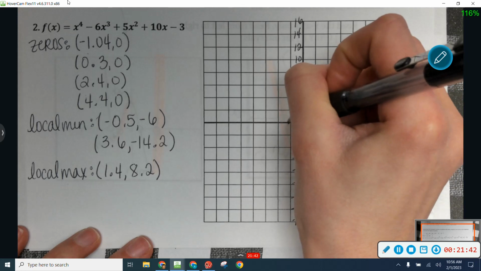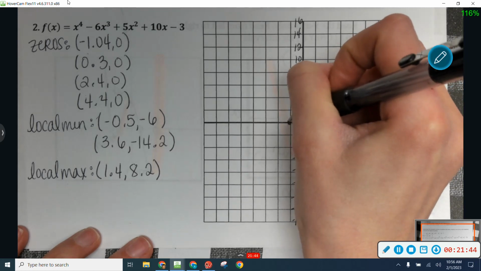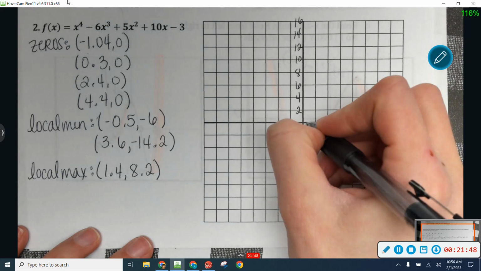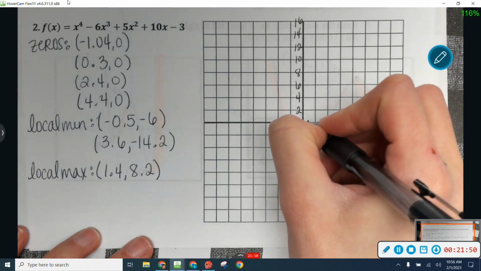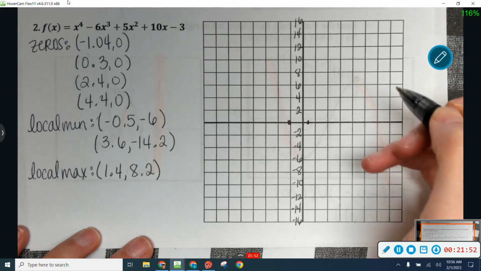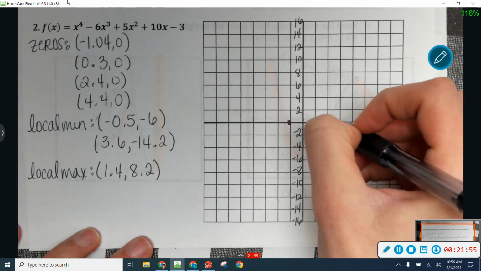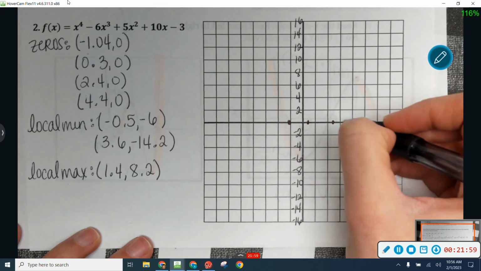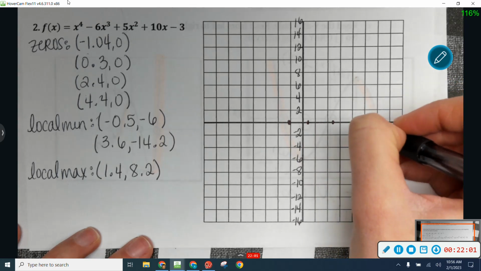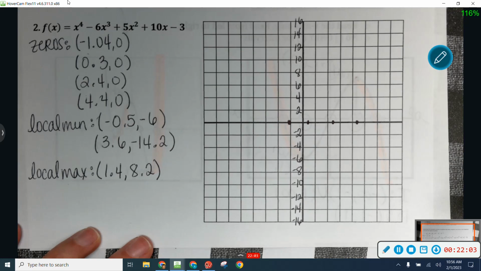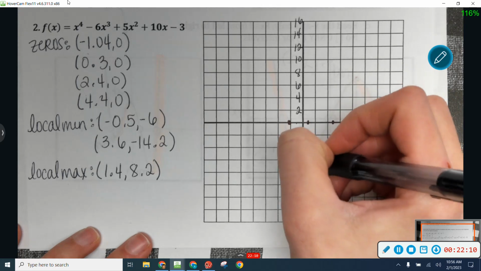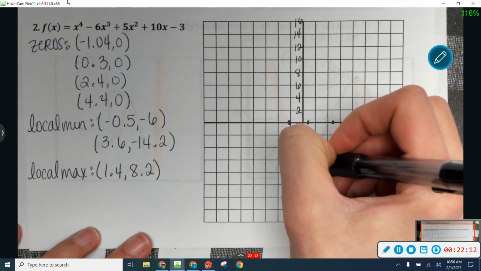So that's going to be pretty much negative 1. Then 0.3 to 0.4. And 4.4. Then negative 0.5 to negative 6.